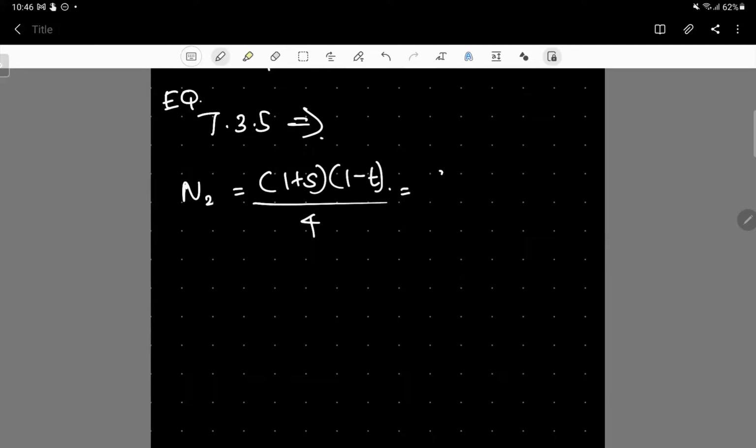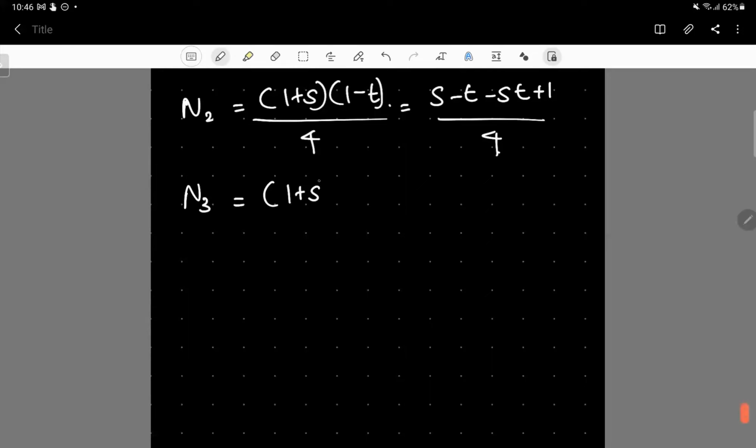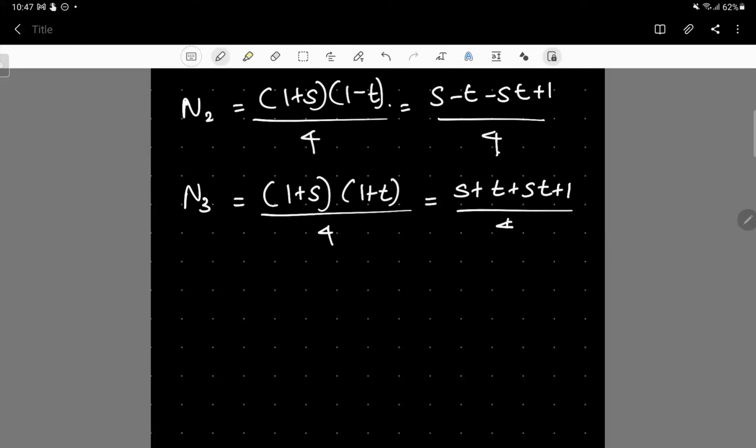If you solve it, it is (S minus T minus ST plus 1) divided by 4. And similarly, N3 we have already obtained to be (1 plus S)(1 plus T) divided by 4, which is (S plus T plus ST plus 1) divided by 4, equation 7.3.35.